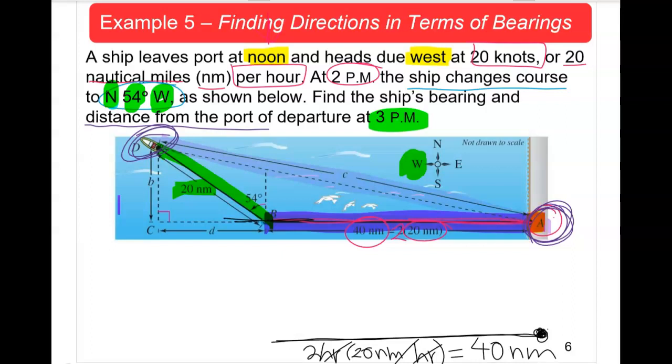At that point, we decide to turn in the north 54, sorry, west direction. And then I will continue to go this way for 1 more hour, because that happened from 2 p.m. to 3 p.m. And so 1 hour at 20 nautical miles per hour will just give us a distance of 20 nautical miles.